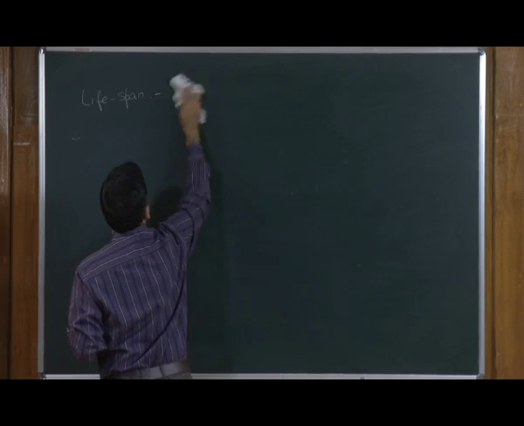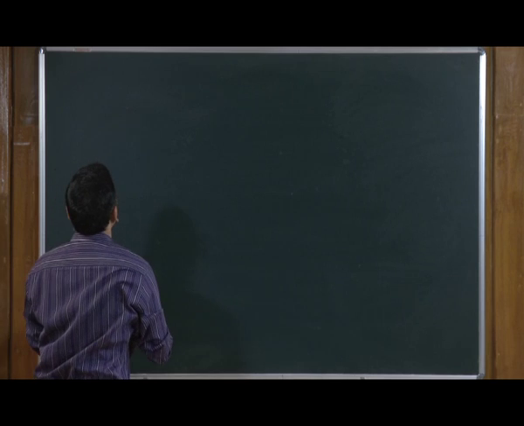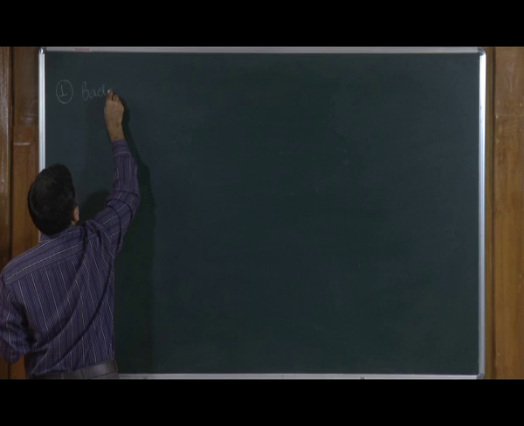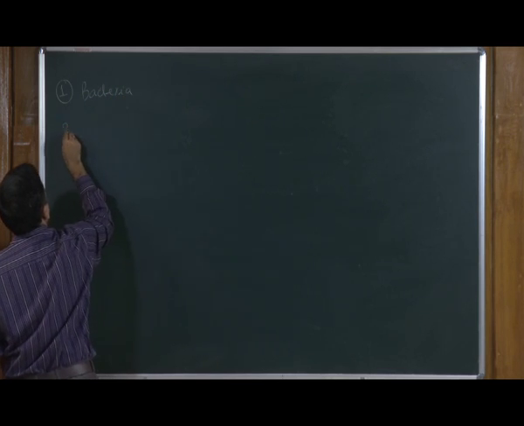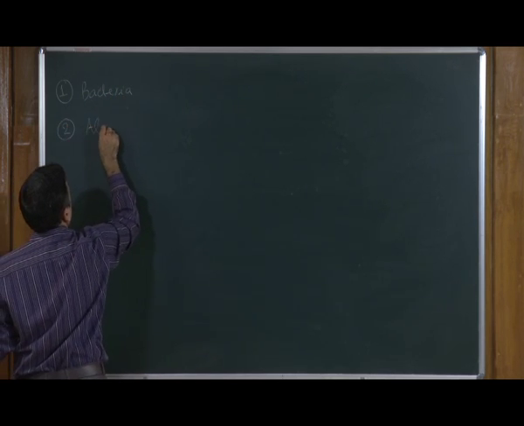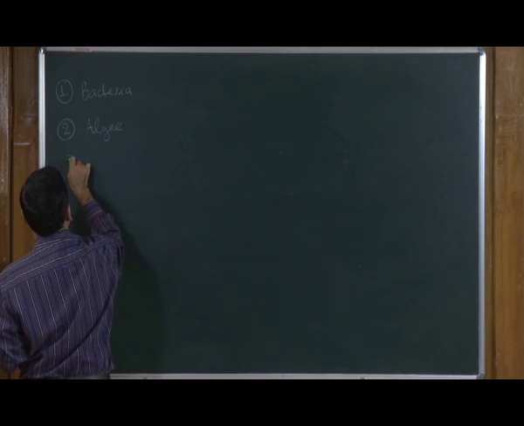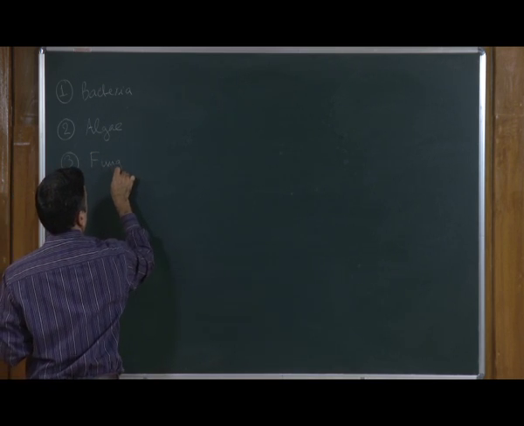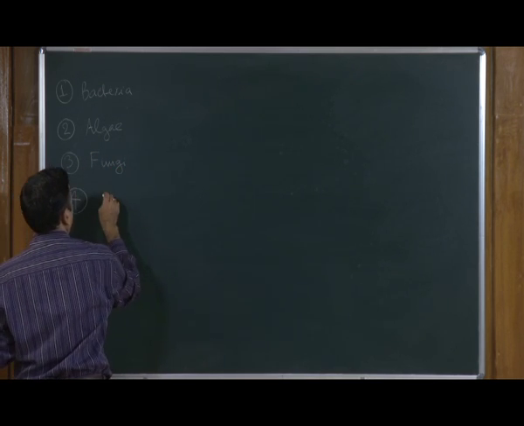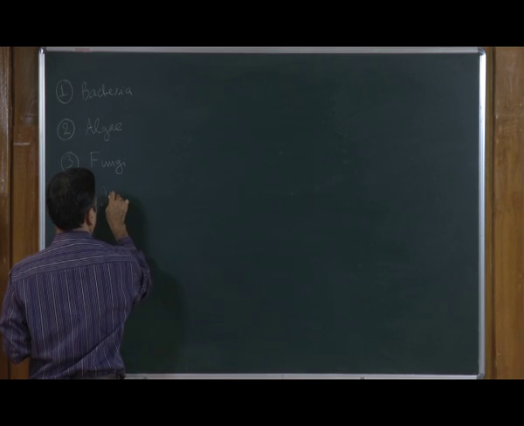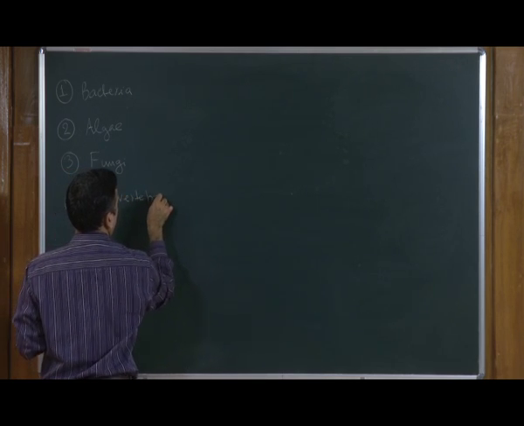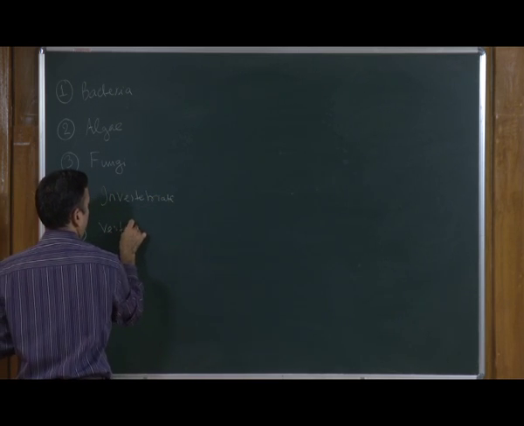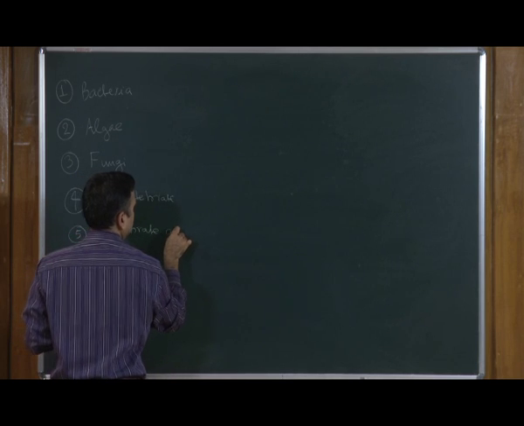We will start with the very simple bacteria. Then we will go on to understand how the lifespan happens in algae. Then we will talk about fungi. Then we will talk about invertebrates and vertebrates of animals.